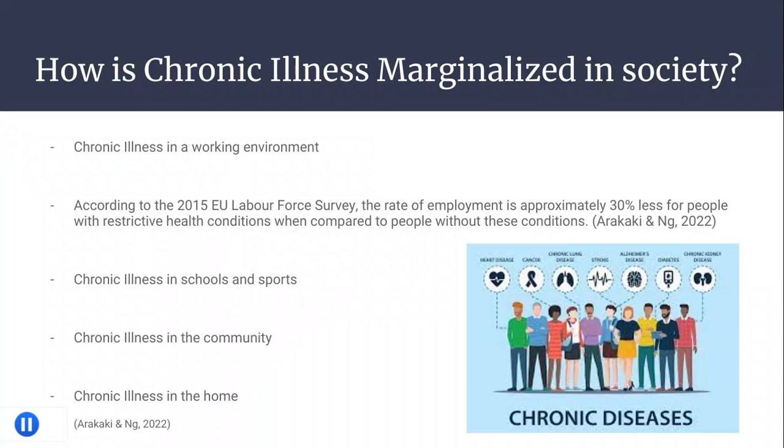So, how is chronic illness marginalized in society? Chronic illness in a working environment: sustainable employment is much less likely for those with chronic conditions compared with those without. For patients, having chronic illnesses is also associated with an increased perceived chance of being discriminated against in the workplace.